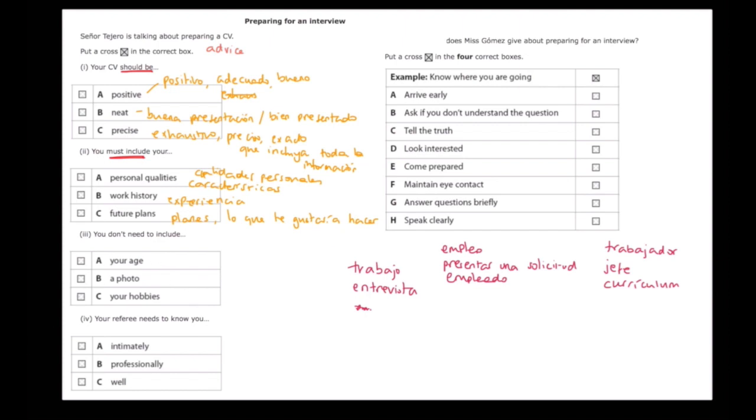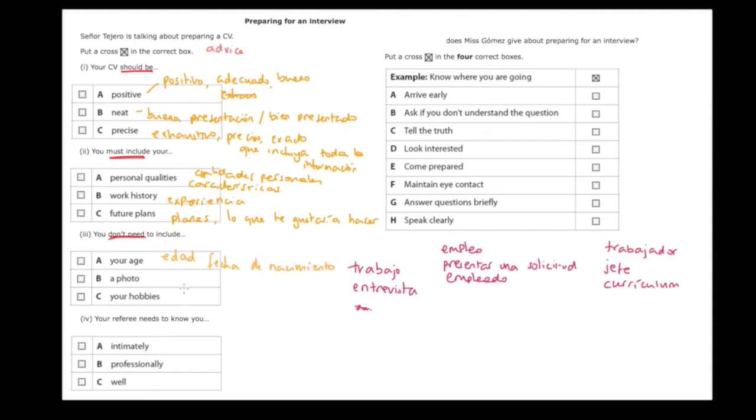You don't need to include, so highlight, underline, don't need. What? Your age, edad. But you could also hear things like cuántos años tienes, or cuándo naciste, when you were born, or something like fecha de nacimiento, date of birth.